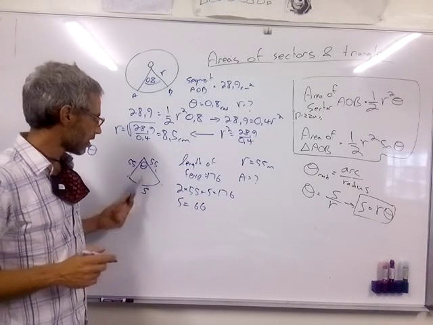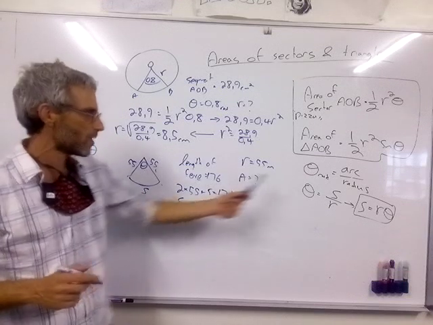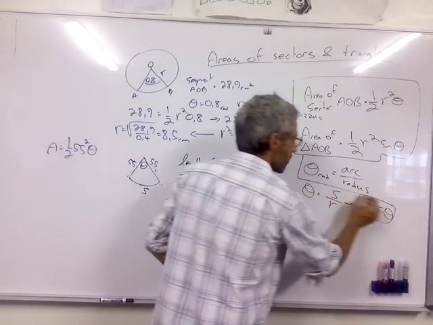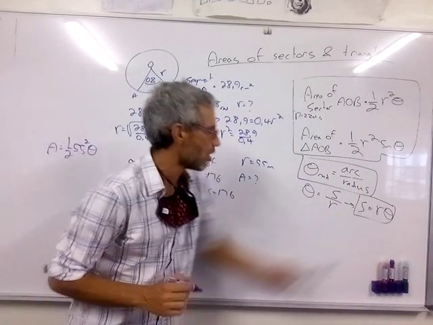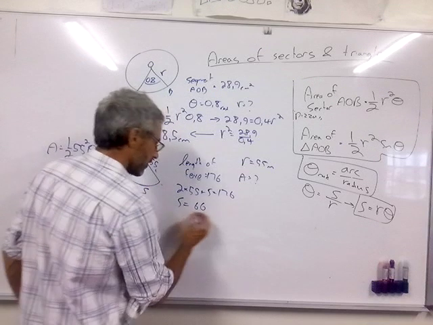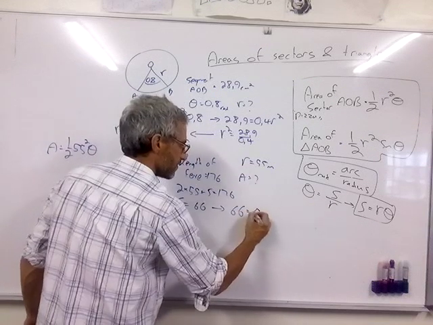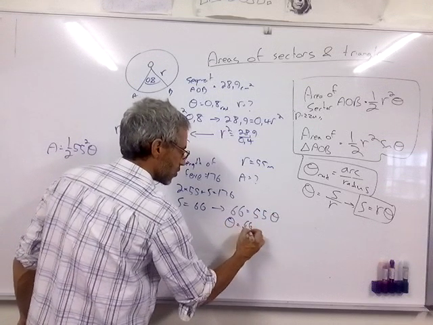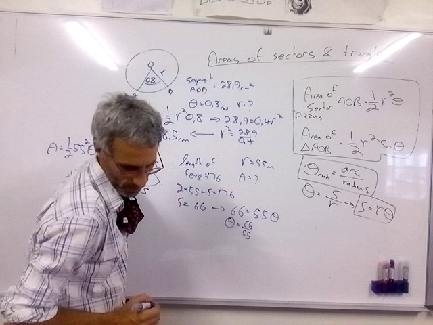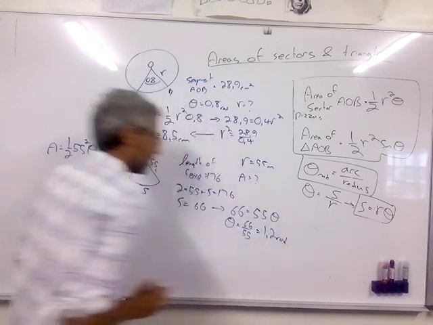The angle in radians is basically the arc divided by the radius. This is my first formula that we learned this term. Or S equals R theta. So that means that 66 is equal to R, what is R? 55 theta. So theta is 66 over 55, which comes out as 1.2 radians.